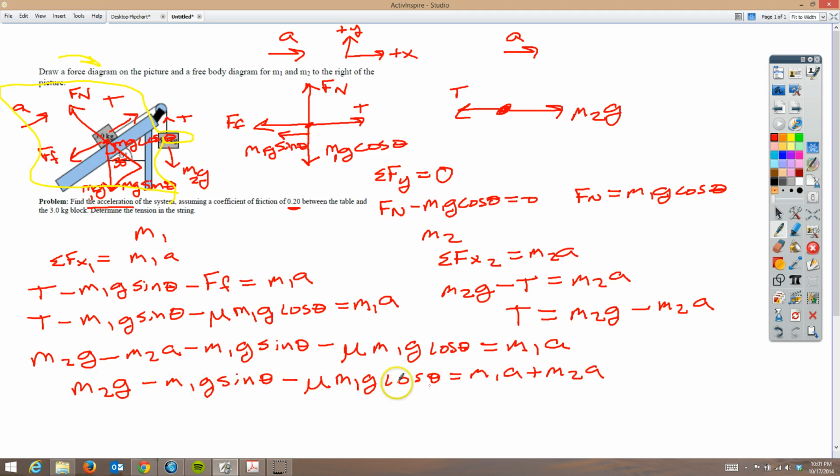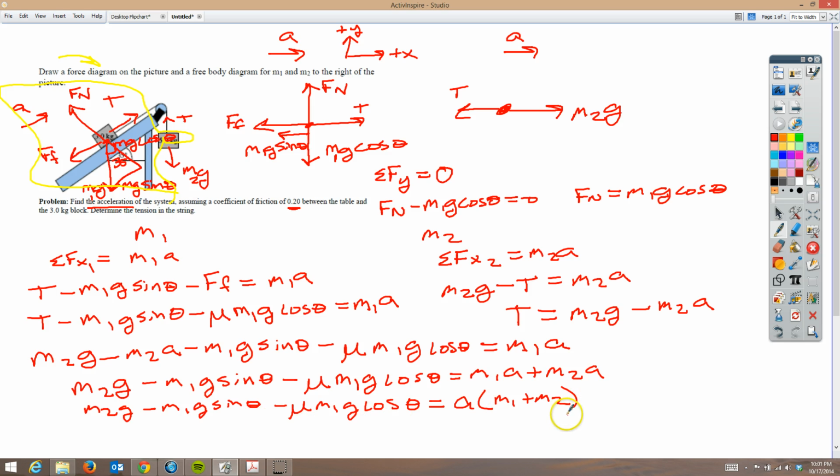We're not going to. We're going to just leave it this way. But we can factor the a out on this side. So we're going to have m2g minus m1g sine of the angle minus mu times m1g cosine of the angle, and that's equal to a times m1 plus m2.